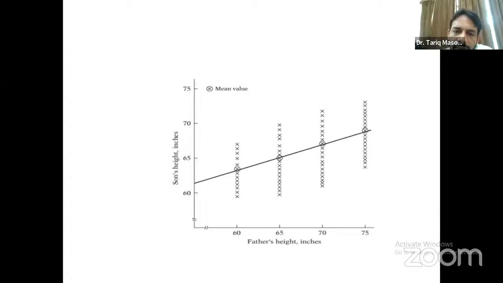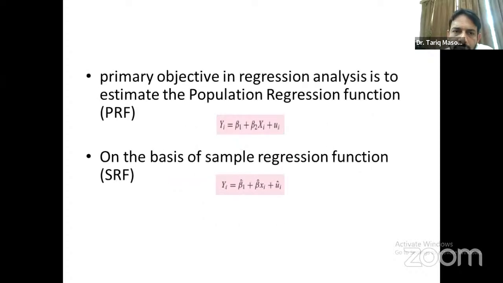This x axis is height of fathers in inches, and y is height of sons in inches. When we move along the x-axis, there is a move in height of sons, but there is a regression towards the mean. So this was the first experiment due to which this term came into effect.